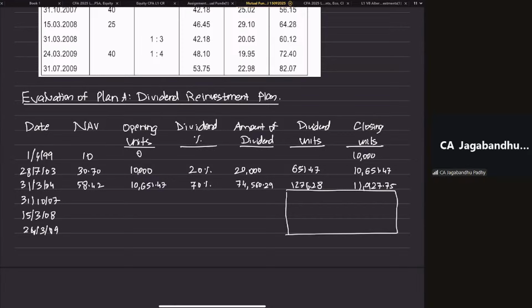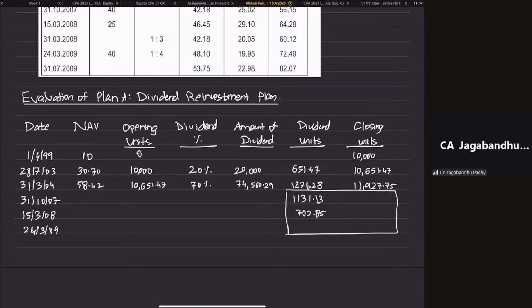Okay, done. So what are the dividend numbers? The dividend units from 31st October 2007 are 1131.13, then 702.85, then 1144.43.